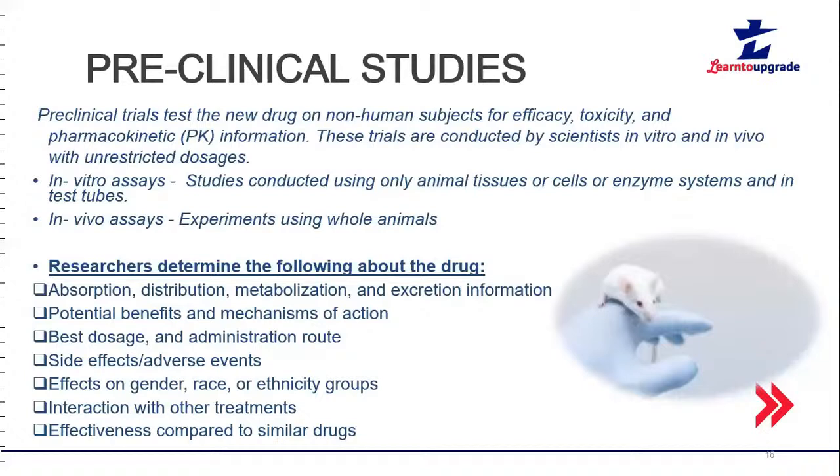That means when the drug comes, how the body is going to absorb that drug, absorption. How the drug is going to distribute in the body in various organs. Finally how it is getting metabolized and excreted from the body.